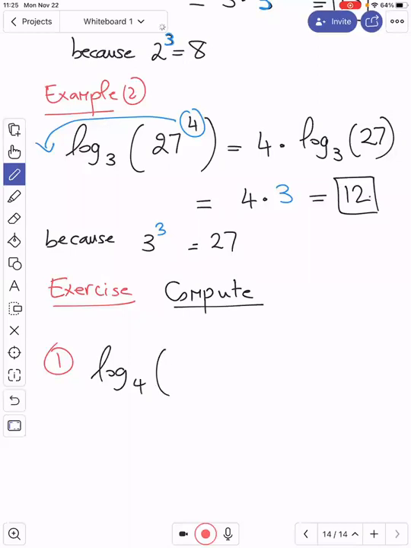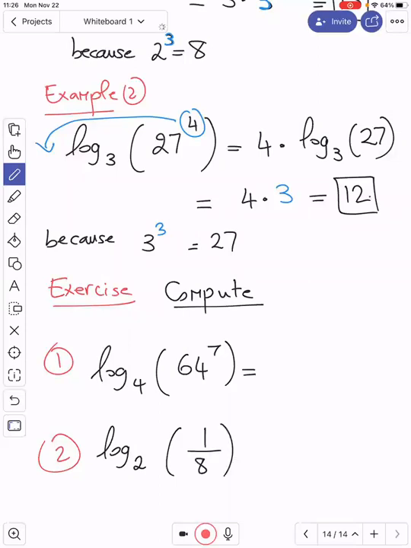I mean, you can get very large numbers, right? Number 2: log in base 2 of 1/8 to the power 8.